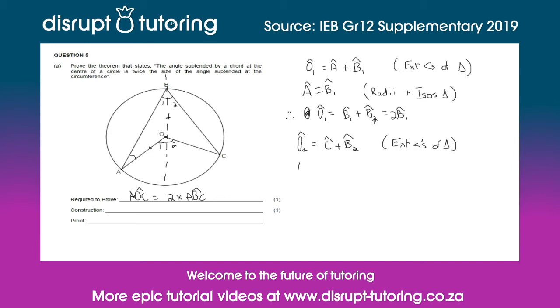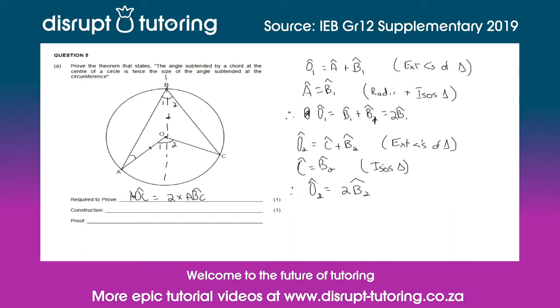And then angle C will equal B2 because of isosceles. So therefore O2 equals, substituting C in for B2, 2 times B2.